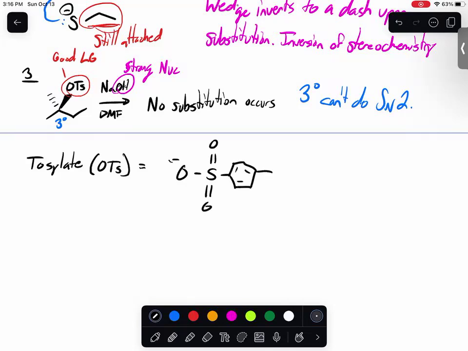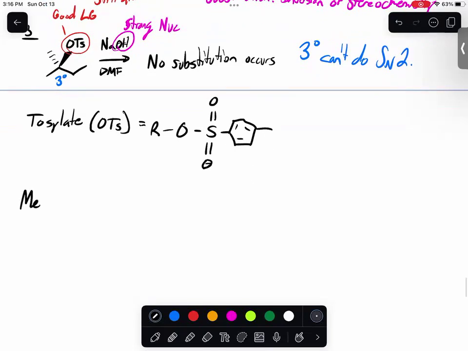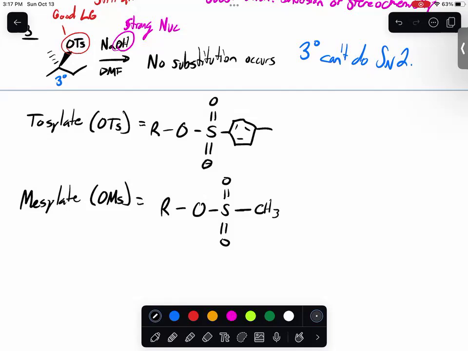And you can imagine that the OTs, assuming it's connected to something, which would be R, whenever it gets kicked out, it looks like sulfuric acid, right? Same thing with what is called a mesylate, or OMs. It is also one that just looks like sulfuric acid. So if you see these abbreviations, which you will be seeing a lot more as we go through, just know they're good leaving groups because they look like sulfuric acid.